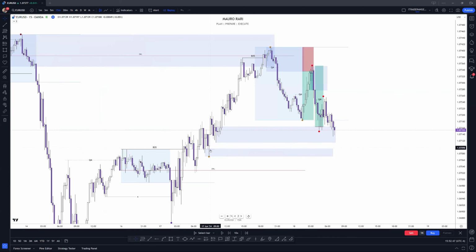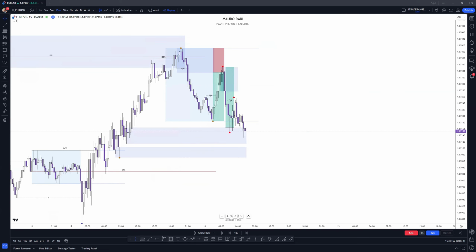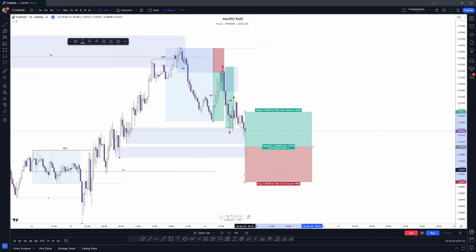We try to make some refinement. Nice. Okay, we can make it a little bit higher if we want, like this. And we can place our entry for a long position right here. Okay, a little bit conservative with a stop loss right there.